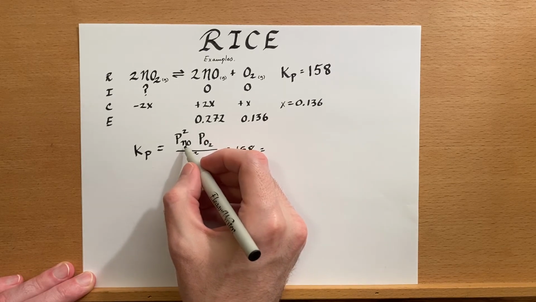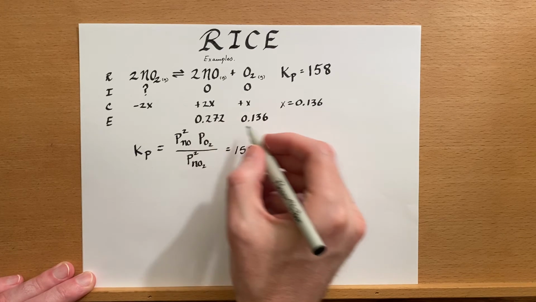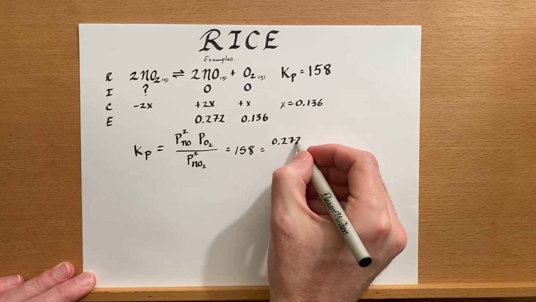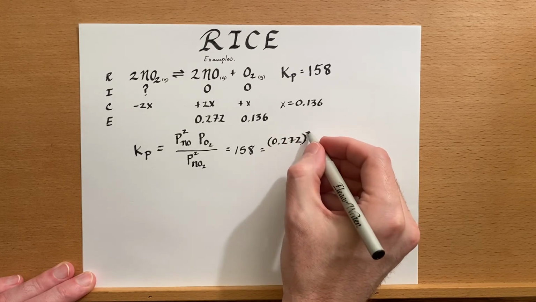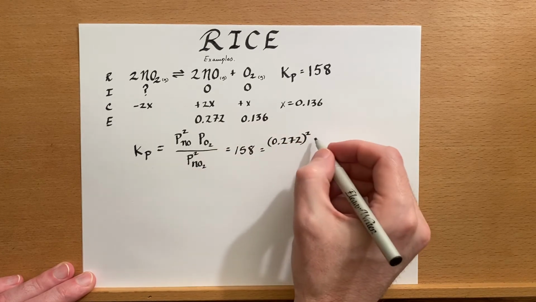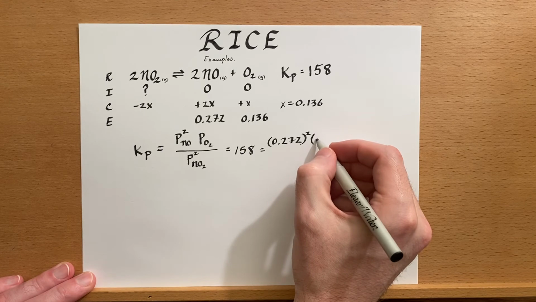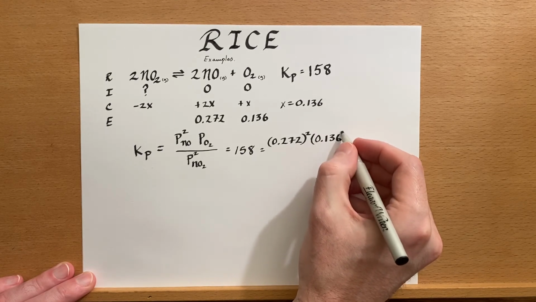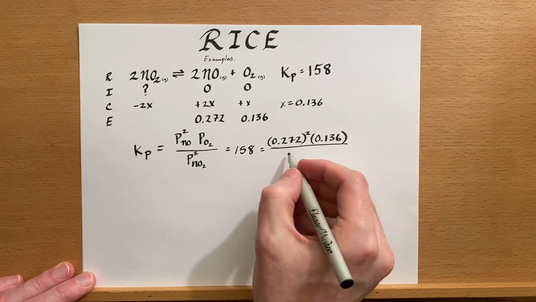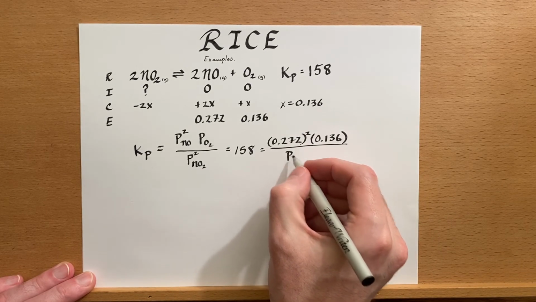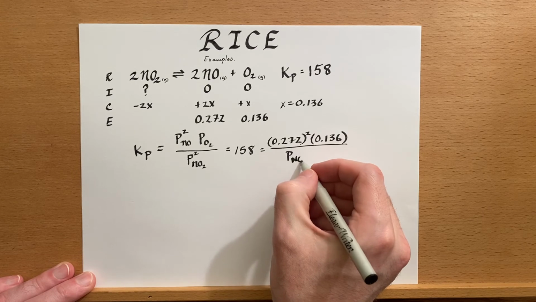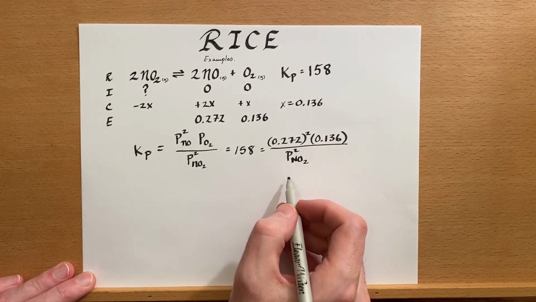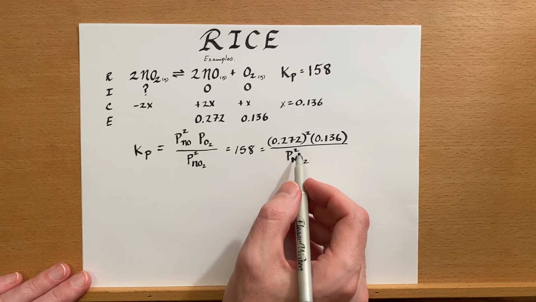We know the pressure of NO is 0.272. And that's squared. And we know the pressure of the oxygen because they told us. And this is all divided by pressure of NO2 squared. We don't know that yet. So I'm going to simplify this down a little bit.